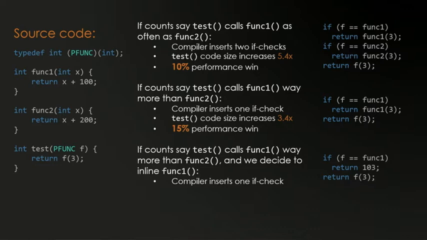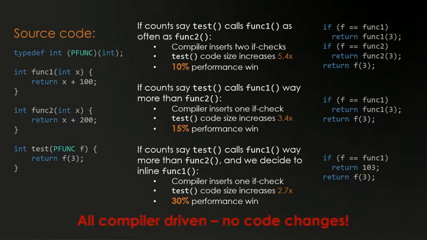That return is a very straightforward transfer of instruction execution. We don't even have to call another function. And all that stuff happens speculatively. And if f really is func1 most of the time, yes, there's a code size increase of 2.7x, but we got a 30% performance win. It's 30%. That's cool. Come on. All right.